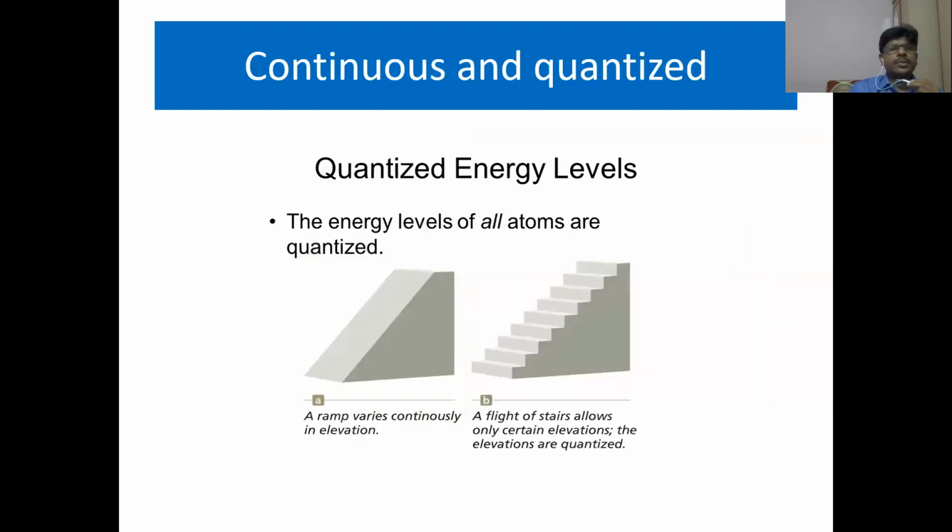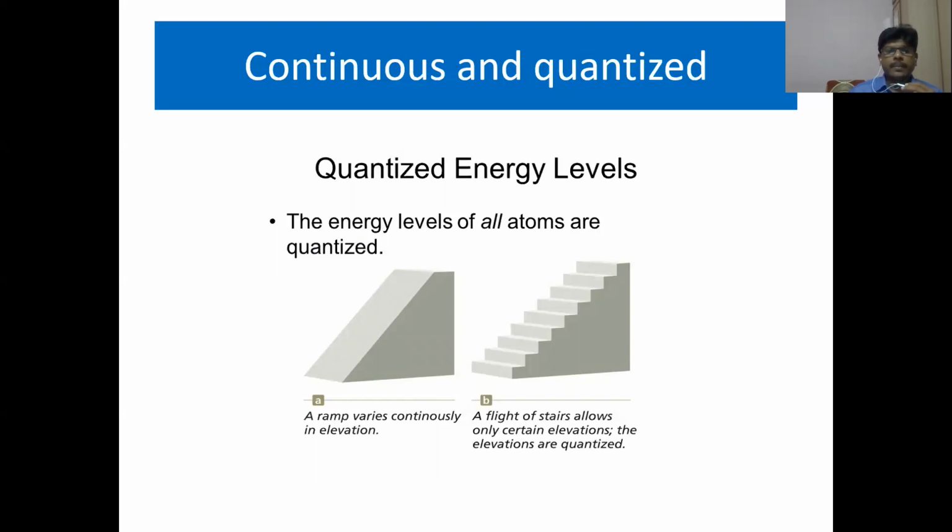This picture on your slide will help you to understand the basic difference between continuous energy levels and discrete energy levels. It's very important to understand this difference because the entire quantum mechanics is based upon discrete energy levels and not continuous energy levels. Figure A shows a ramp wherein all values are possible.